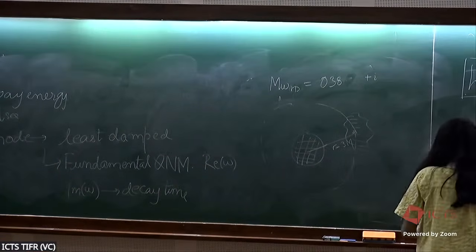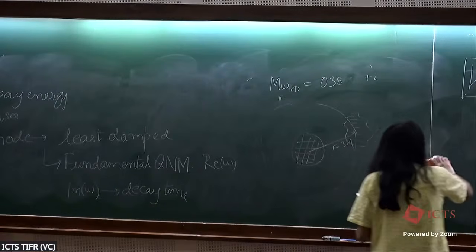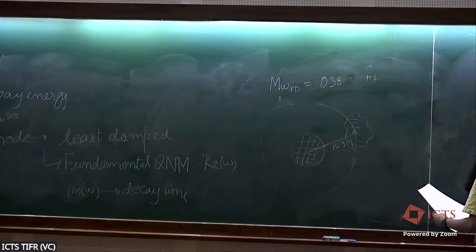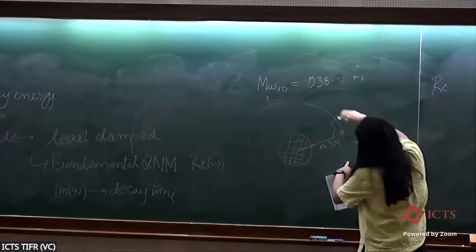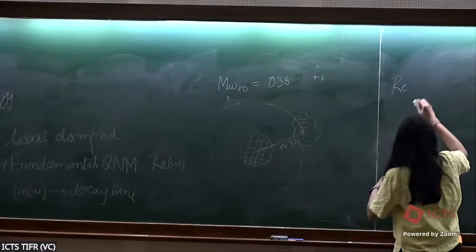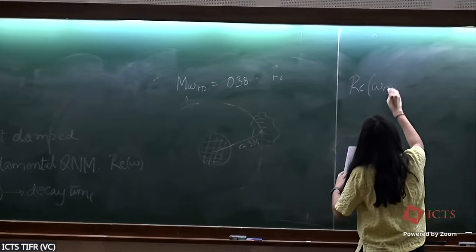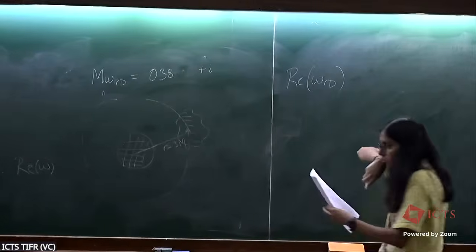So for the dominant mode from gravitational waves, we want to compute the frequency of this blob moving around this light ring, which for simplicity we call also the ring down.